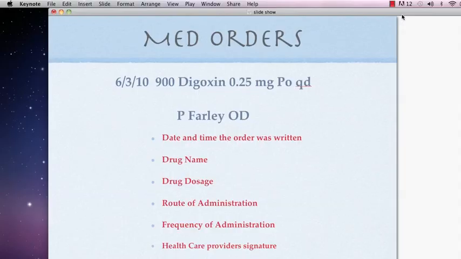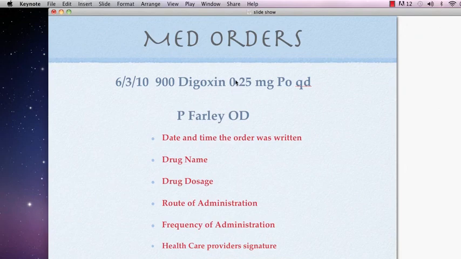So let's take a look at a couple of med orders and look at the components necessary and how they should be written. First of all, you should have a date, a time, and the time should be in military time, the name of the drug, how much of the drug you're supposed to give, and I want you to note here that it's a 0.25.